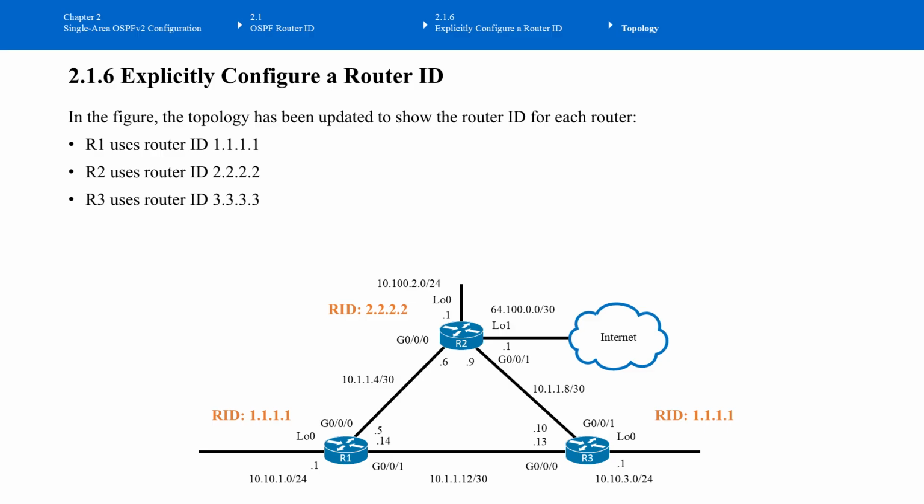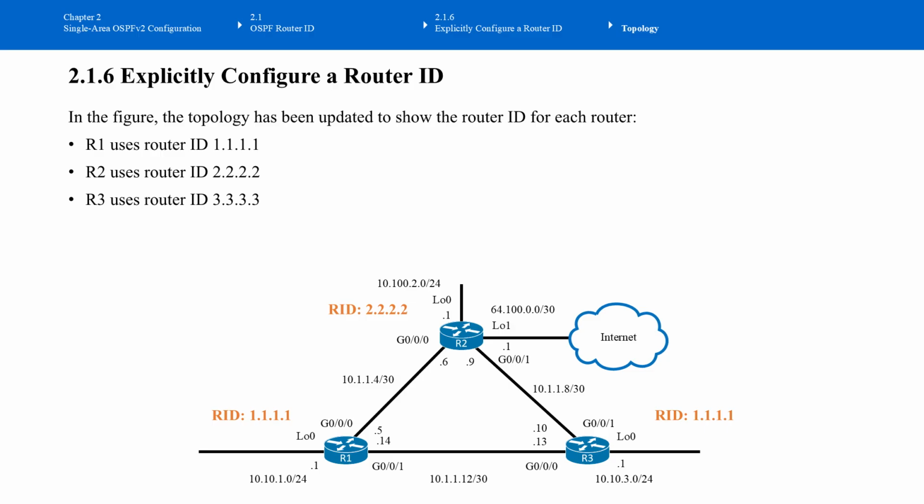For example, R1's router ID is 1.1.1.1, even though none of its interfaces use that IP address. This demonstrates an important concept. A router ID does not have to match any interface address. It simply needs to be unique within the OSPF routing domain. This approach offers several advantages. First, the router ID remains consistent even if the interface IP addresses are changed.